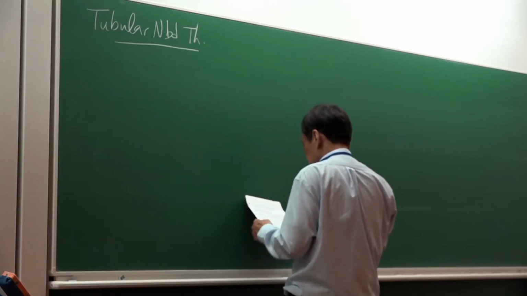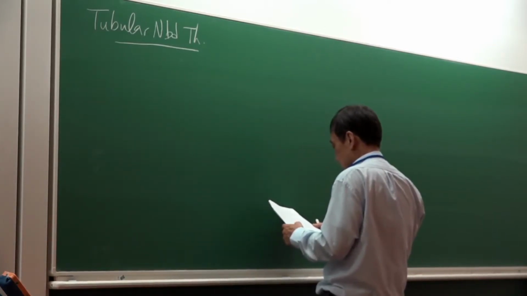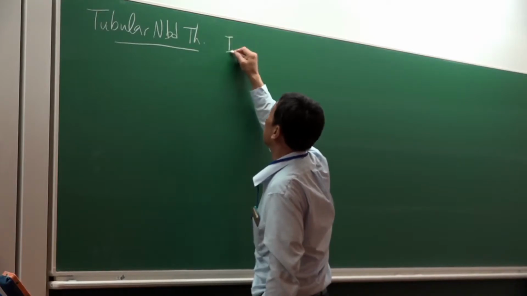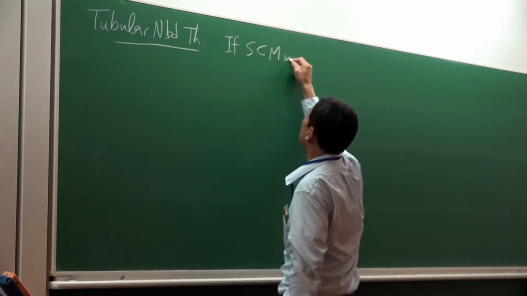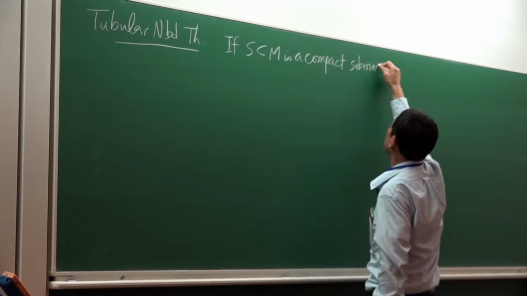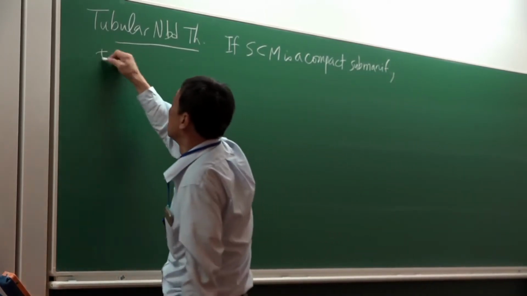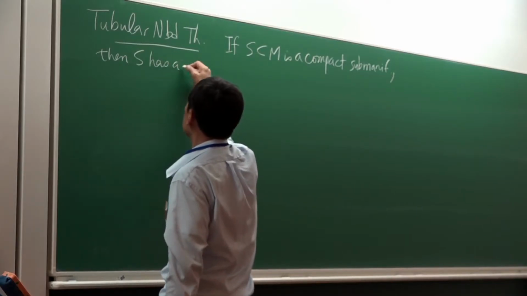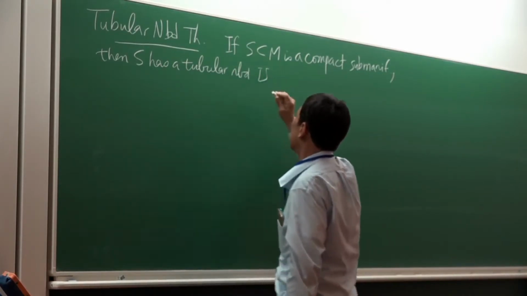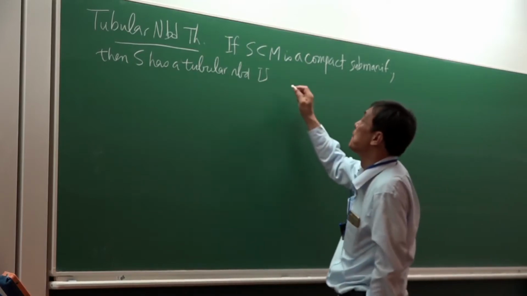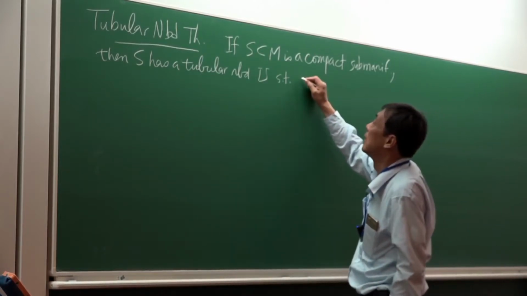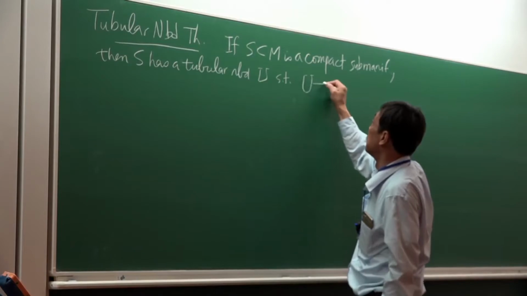So, if S in M is a compact submanifold, then S has a tubular neighborhood U such that U has a structure of a vector bundle over S, right?